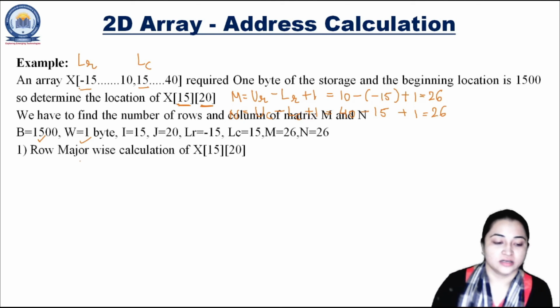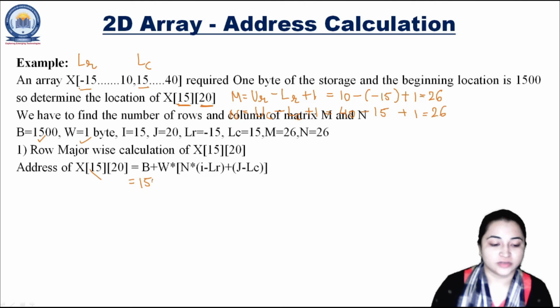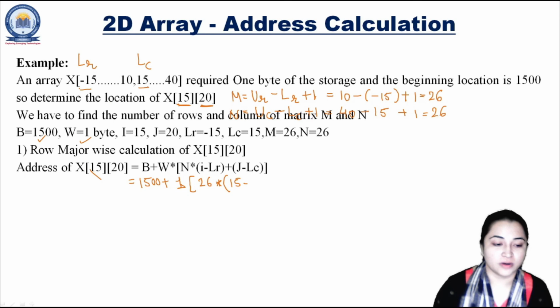Okay. So we will put all the values in this equation. That is 1500, W is 1, N is given as 26 as we have calculated, I is 15 minus lower bound of row which is minus 15, plus J is 20 minus lower bound of column which is 15.